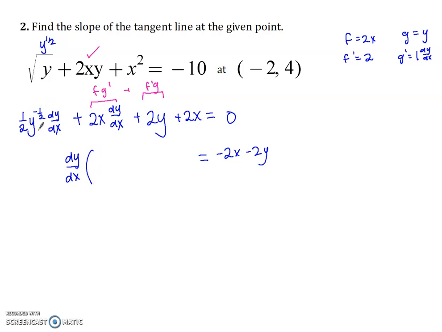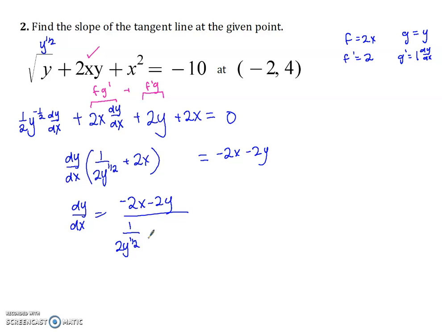Then since this one has a negative exponent, I'm going to take the y, move it down to the denominator, with the 2, that'll make the exponent positive, and then plus a 2x. Then to solve for dy dx, I'm just going to divide by this. So that'll be negative 2x minus 2y all over 1 over 2y to the 1/2 plus 2x.